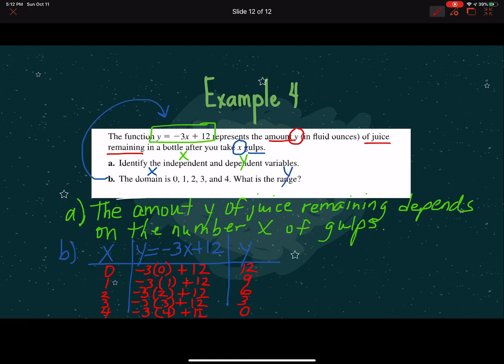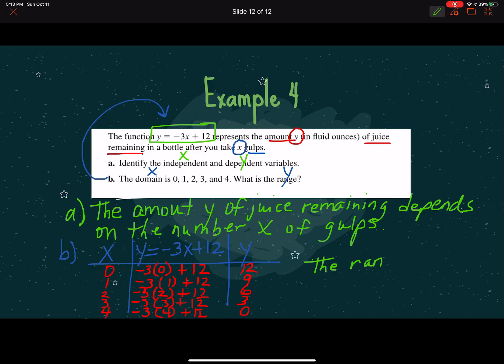Now let's think about the question for just a second. Remember, x is our number of gulps. So think about, if you're drinking the juice, what is actually happening to the amount of fluid left over or remaining. So that's why our y is decreasing, and after 4 gulps we have nothing left. That leaves us at 0. So now we're going to basically restate this as our range, and I'm just going to simply put it in a sentence form.